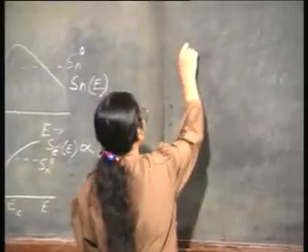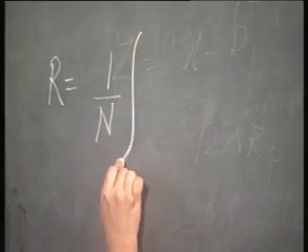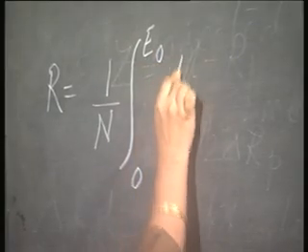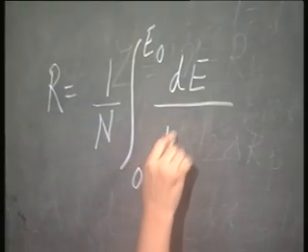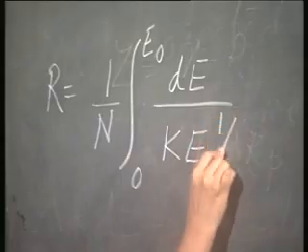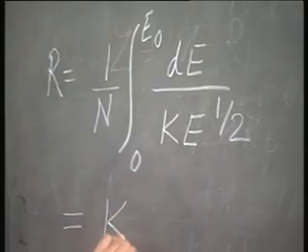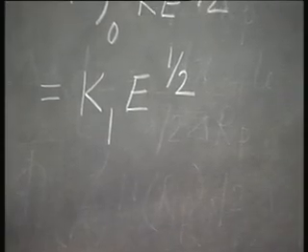R will be simply given as, and Se you know is proportional to the square root of energy, so that I can write it finally as some constant K1 times the square root of E, right.